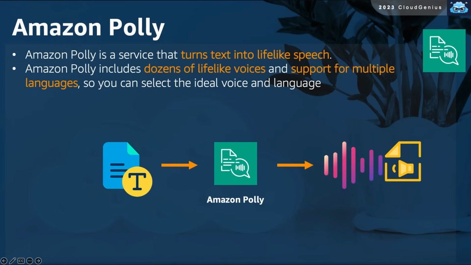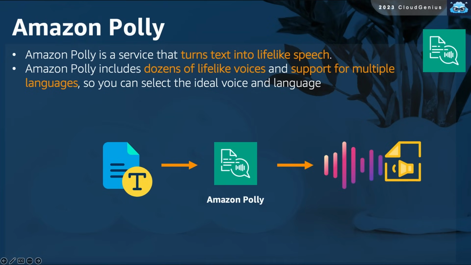Amazon Polly is a cloud-based service that converts text into lifelike speech. It utilizes advanced deep learning technologies to generate high-quality, natural-sounding voices. With Amazon Polly, you can easily add speech capabilities to your applications, products, or services. For example, a mobile application can use Amazon Polly to provide audio narration for articles or books, enhancing accessibility for visually impaired users.